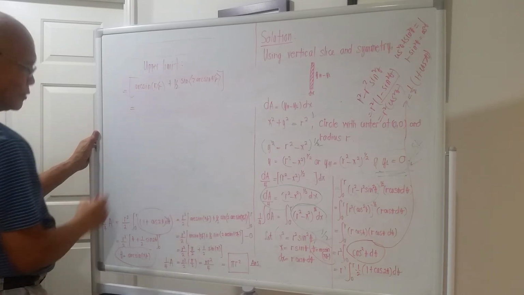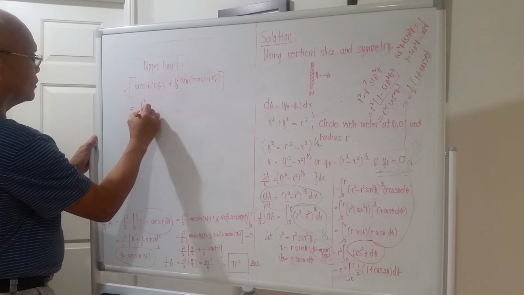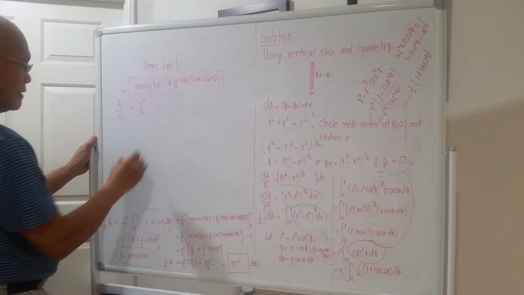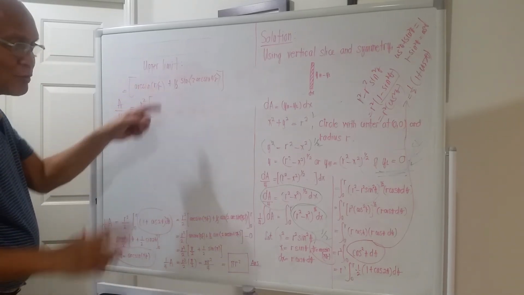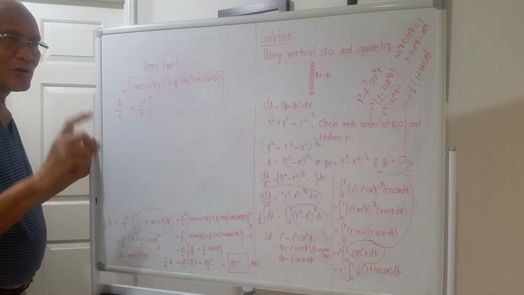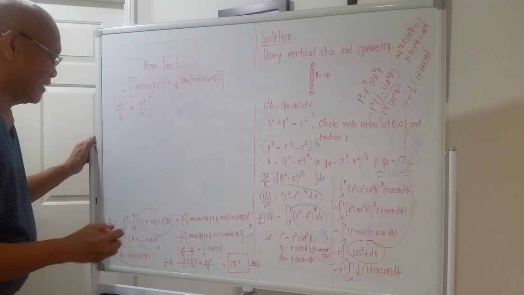This should be equal to r square over 2, this is area over 4, times the quantity. R over r is 1, okay? And what is the angle whose sine is 1? It is 90 degrees.